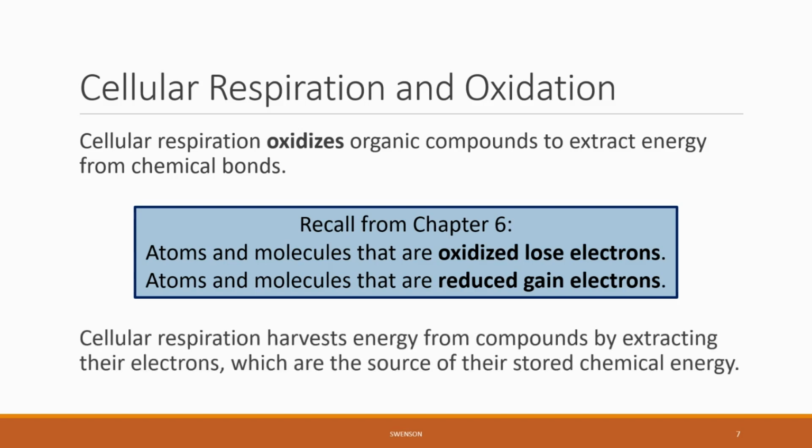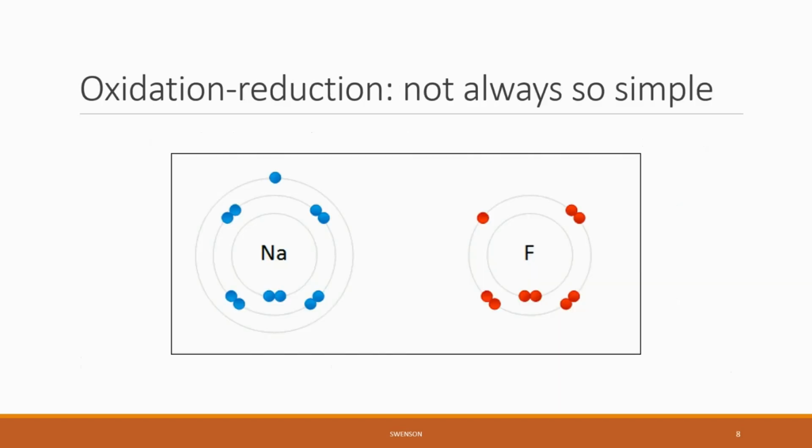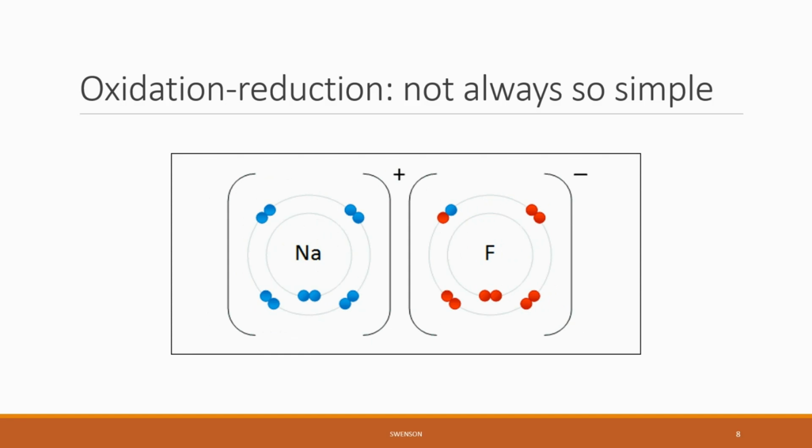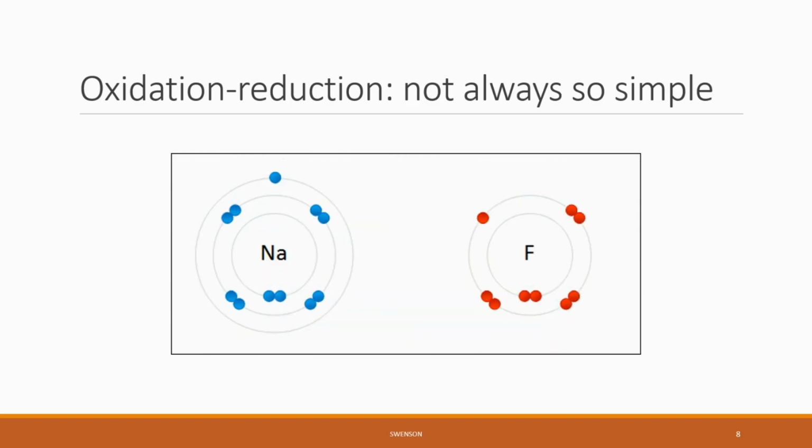In this chapter, we'll focus on how sugar is oxidized to release the energy stored in its chemical bonds. Here's an example of sodium, abbreviated as Na, being oxidized by iron, abbreviated as Fe, and iron being reduced by sodium, shown here.